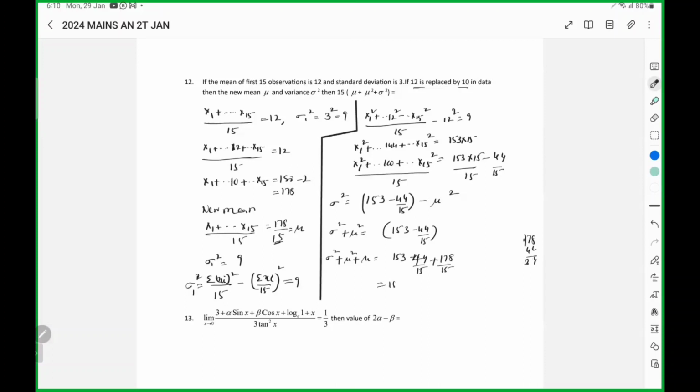So this is 153 plus 134 by 15. So 15 into mu here is 2429.